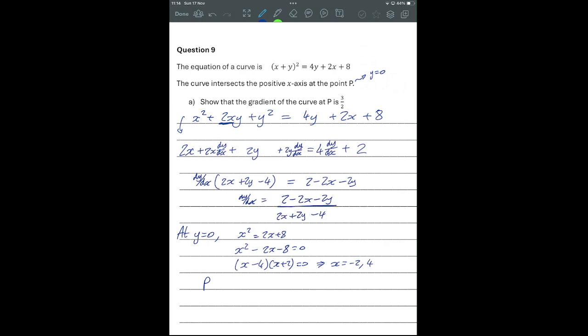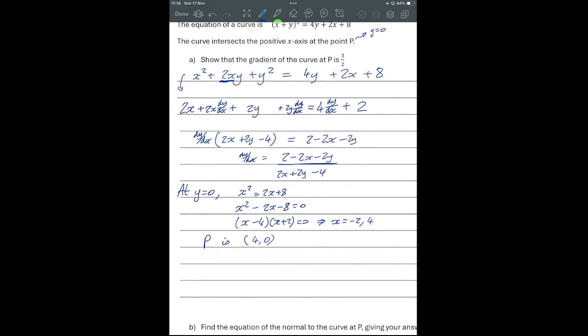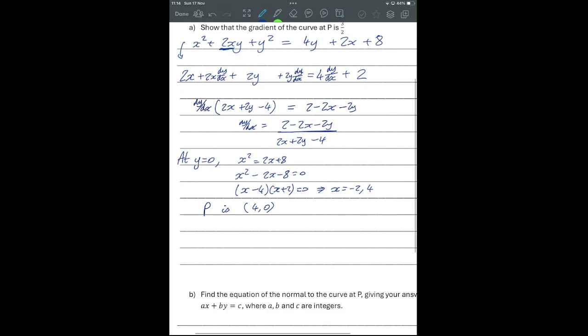So we're going to reject the negative 2 and say P is (4, 0). So now we have our coordinates, we can go back to the derivative. dy by dx, therefore, is going to be equal to 2 minus 2 times 4 minus 0 over 0 plus 0 minus 4. So that's negative 6 over 4, which is negative 3 over 2.